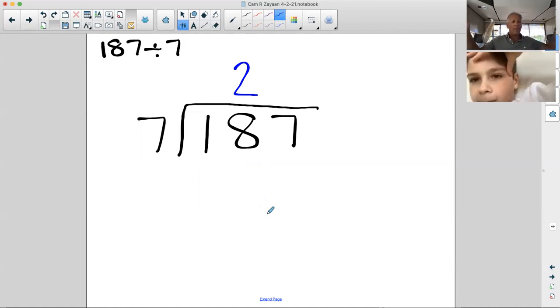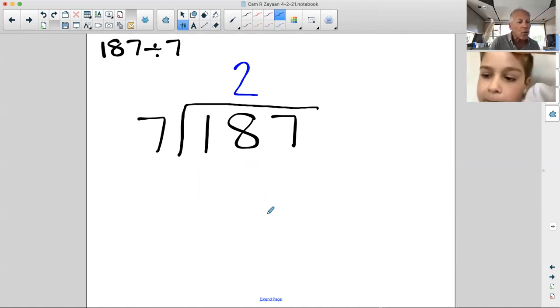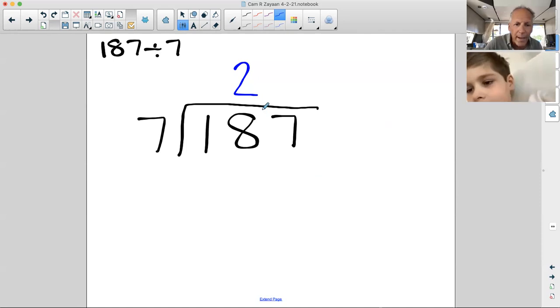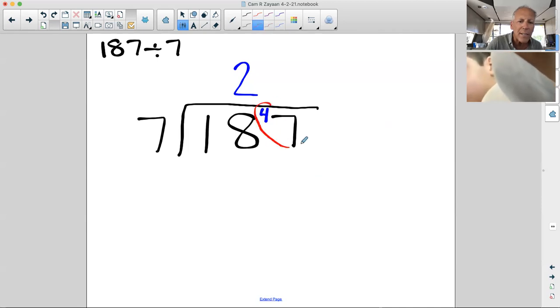What is 2 sevens? 14. Well, take 14 away from 18 and tell me what's left over. That's called your remainder. So you got 4. Now write a little 4 next to the 7, and you're now looking at 47, my friend.